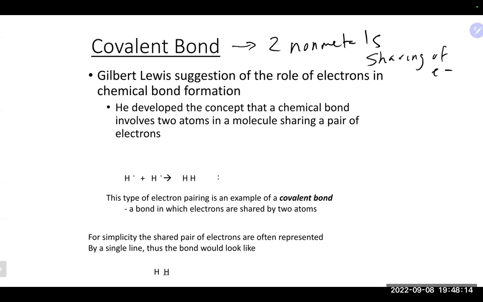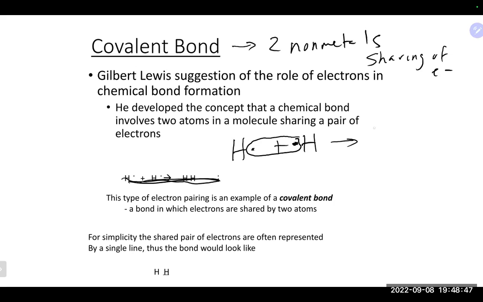Gilbert Lewis suggested a role of electrons in bonding, hence why we call them Lewis structures after this guy. I'm just going to redraw this. We basically have 2 hydrogens here. Since they are both hydrogen, they have the exact same periodic trends because they're the same element, which means they're going to share those electrons between them, because hydrogen is a nonmetal, even though it's hanging out over there with the metals.